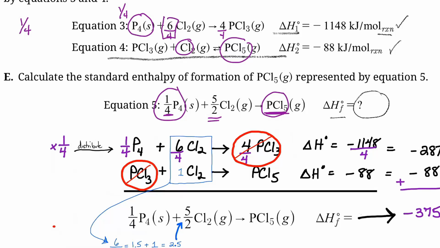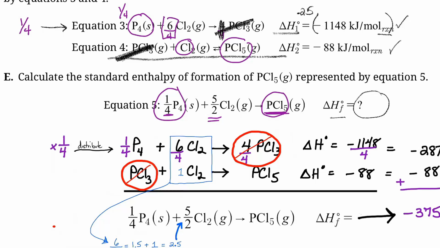Also recognize the fact that we're going to cancel. This is now 1, so this can cancel. Okay, and I'm left with PCl5 and 1/4 P4. So everything works out. All we had to do was multiply by 1/4. We can't forget that by multiplying this equation by 1/4 to make everything cancel to give an overall, I've got to times the delta H by 0.25 or 1/4.